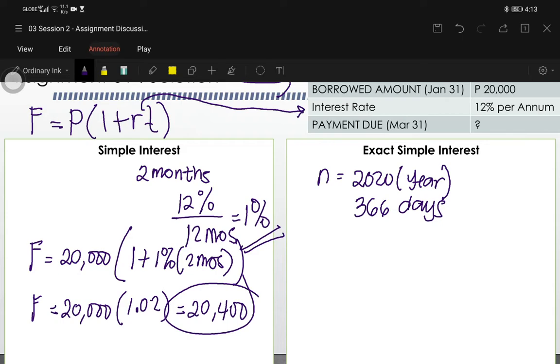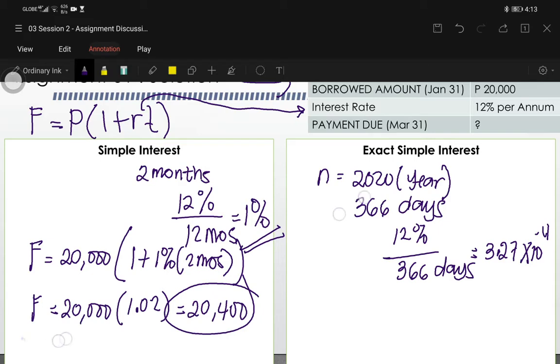So, 12% per annum divided by 366 days, that is 0.12 divided by 366. That would be 3.27 times 10 to the power of negative 4. So, that would be your interest times 100%.